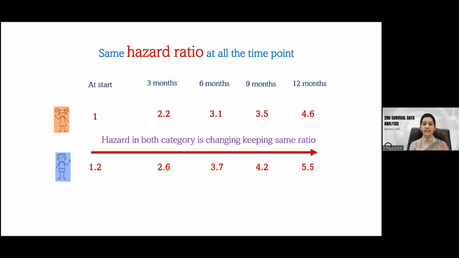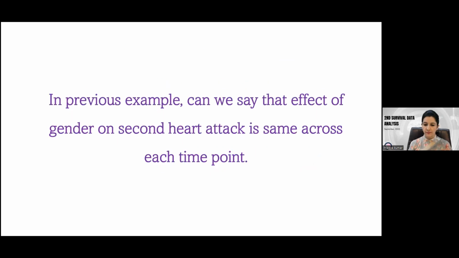So can I say that it has the same hazard ratio at each point of time? So we can say in the example that the effect of gender on second heart attack is the same across each time point.